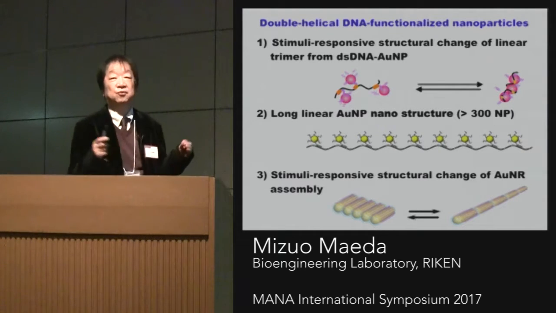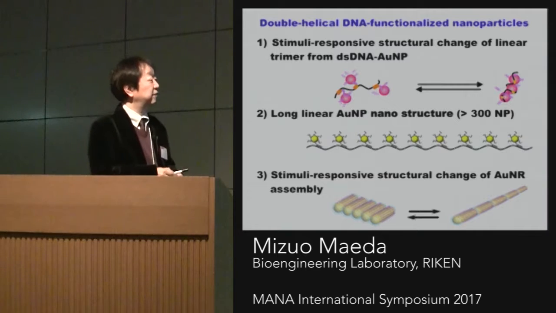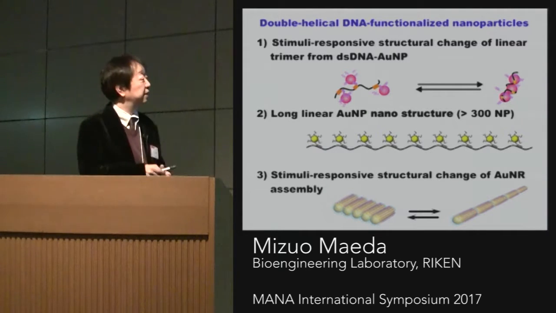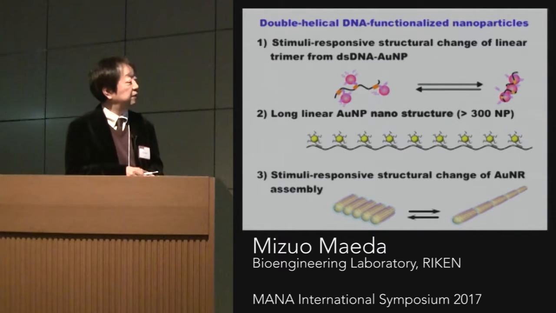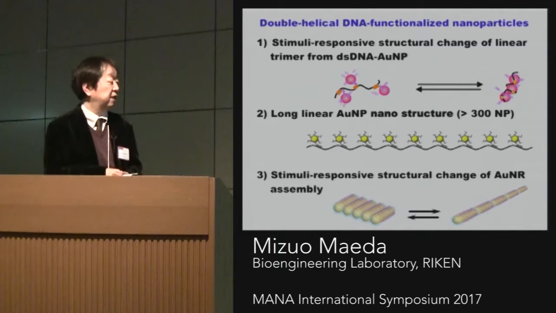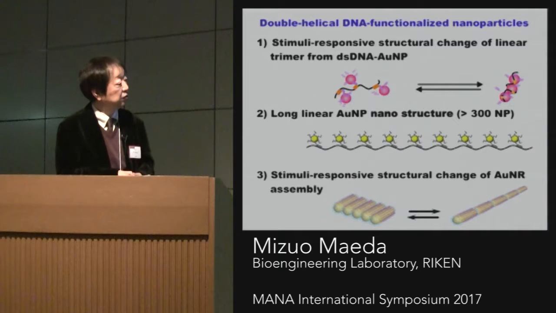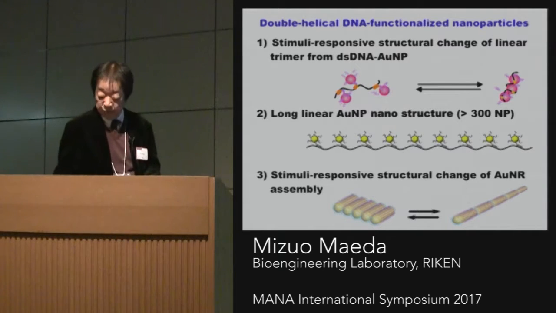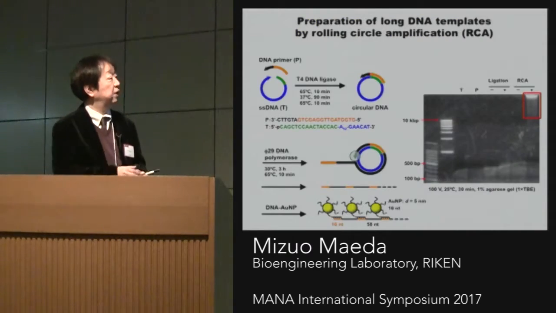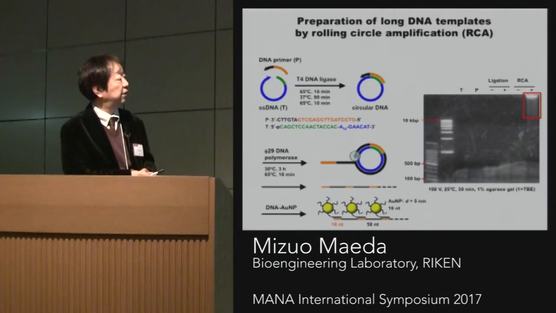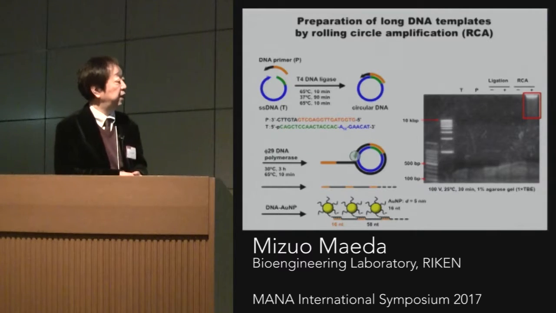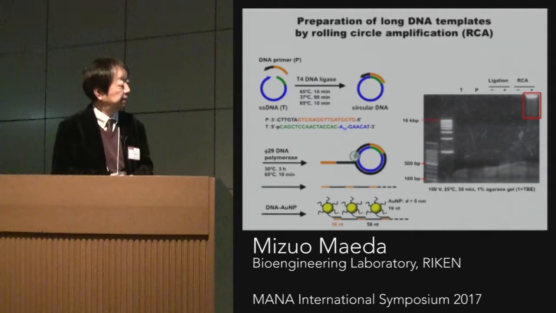But it is not easy to make this type of structure bigger and bigger. So we changed our mind for obtaining a long linear nanostructure by using a very long template DNA. For this purpose, we used the rolling circle amplification procedure to obtain very long DNA having nanoparticle binding domains this way.